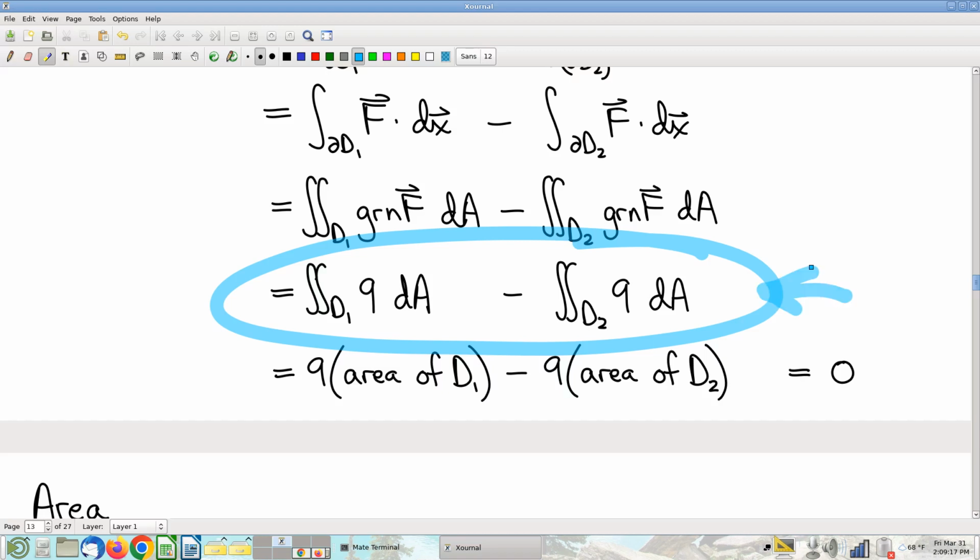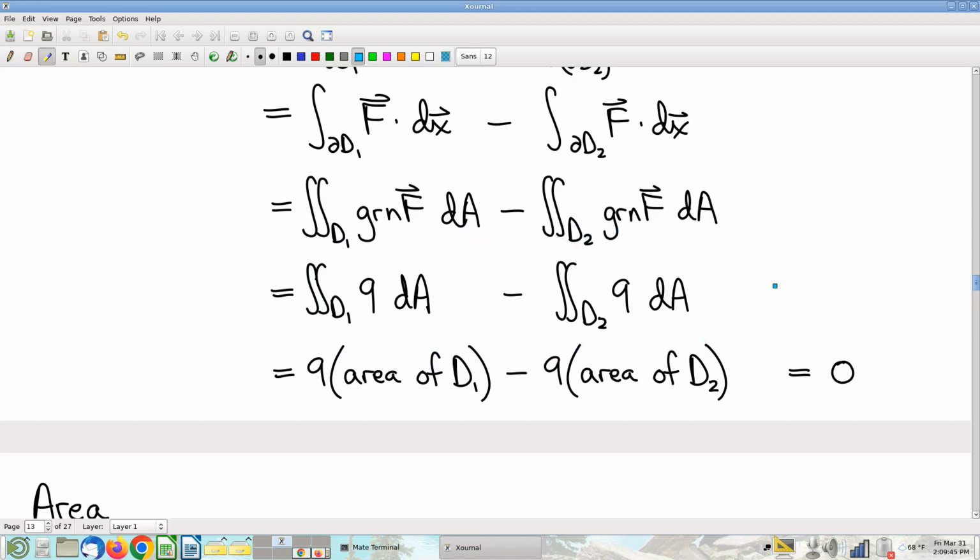And if you were to try to write this as an integral it'd be more trouble than it's worth, basically, because of how it would be set up. I think it's much easier to argue here that these areas are clearly equal. That's just geometry. And 9 times something minus 9 times the exact same thing. It's just easy that way. Yeah. Okay.